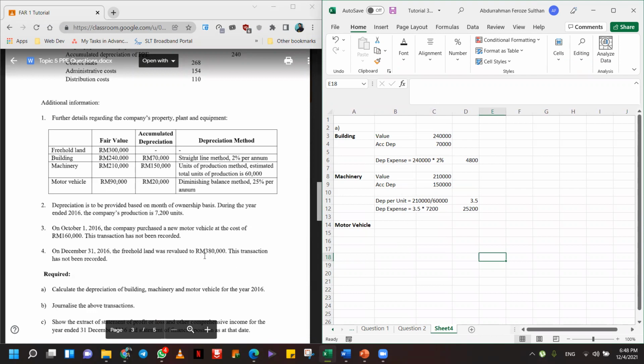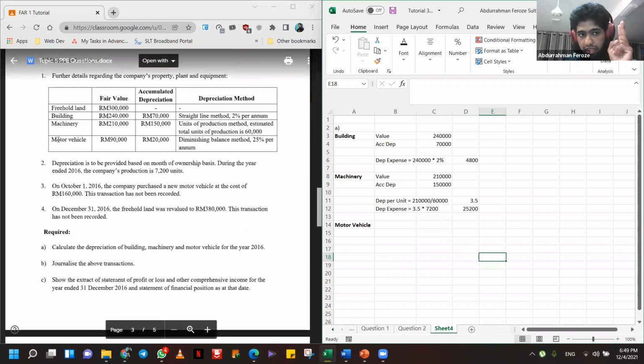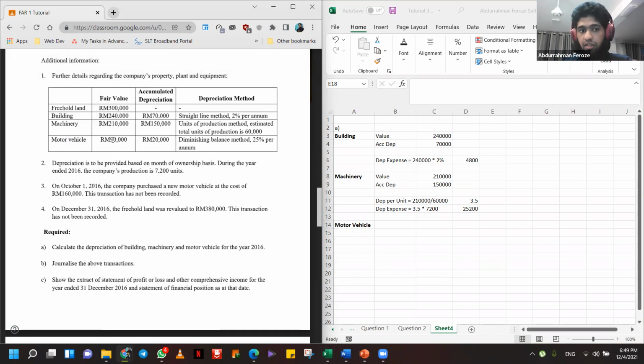All right, then we have the motor vehicle. Actually there are two motor vehicles. There is a motor vehicle that was already here, with a value of 90,000.